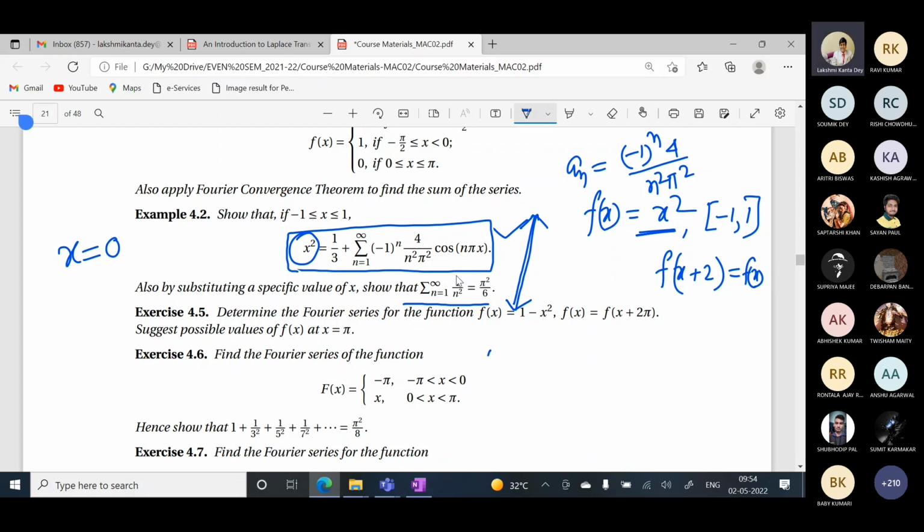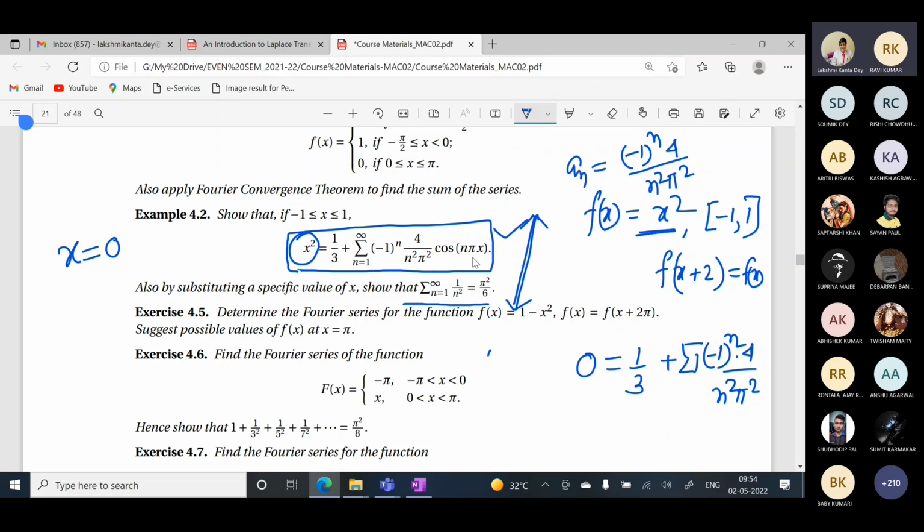Okay, so the left hand side will be 0. The right hand side will be 1 by 3 plus summation of 1 minus 1 to the power n, 4 by n square pi square. Oh no, you cannot put x equal to 0.